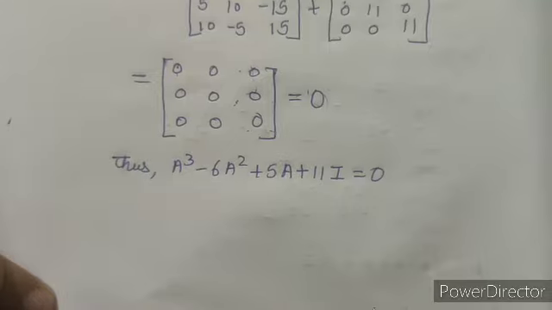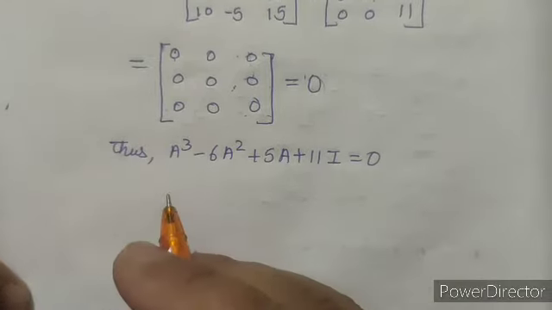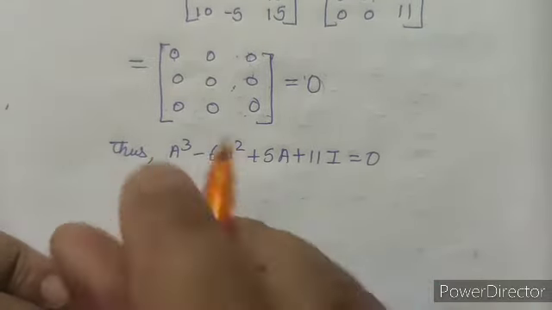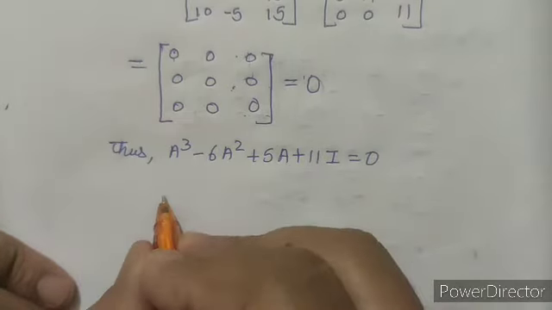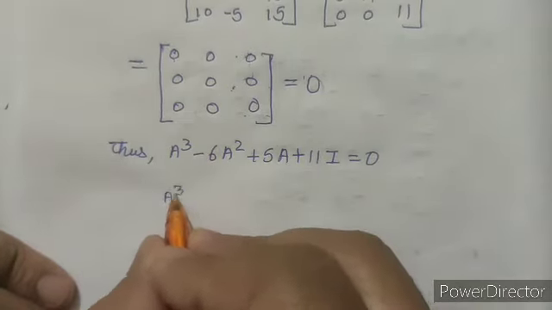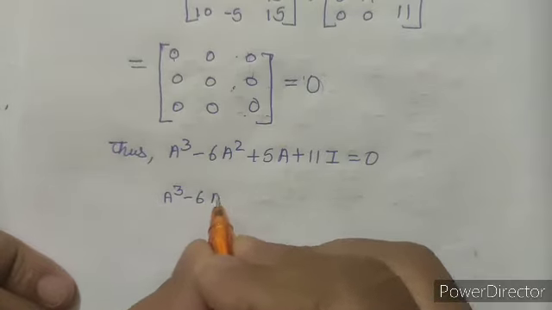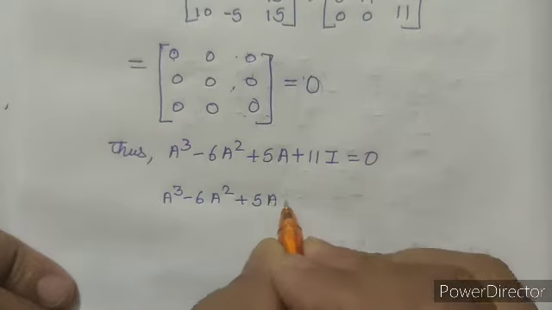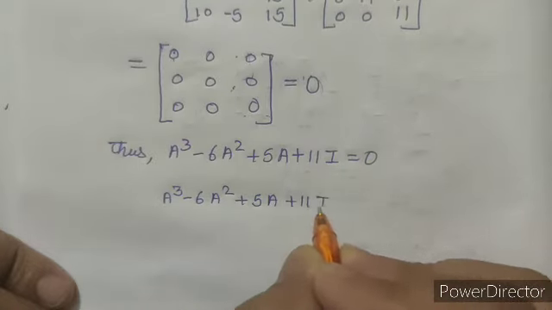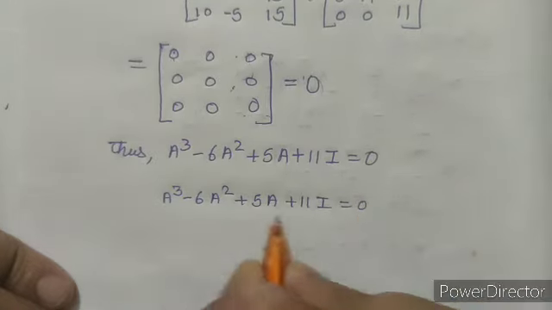Now we also have to find the value of A inverse. We will use this equation to find the value of A inverse. As it has been proved that A cube minus 6A square plus 5A plus 11I is equal to 0, we will make use of this.